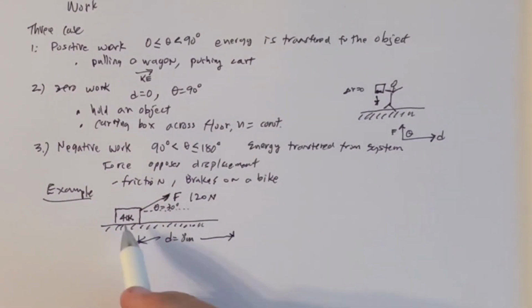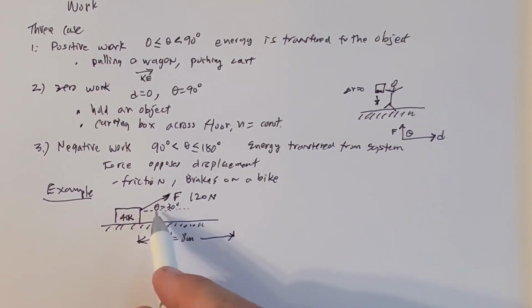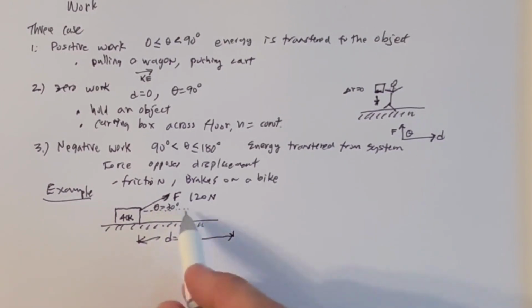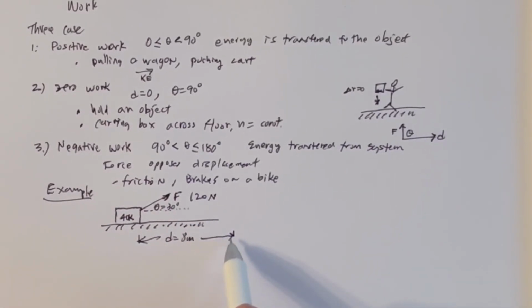So there's the case. We've got a 40 kilogram box. We're pulling it on a rope, but the rope is at an angle of 30 degrees with respect to the horizontal, and we're moving it through 8 meters.